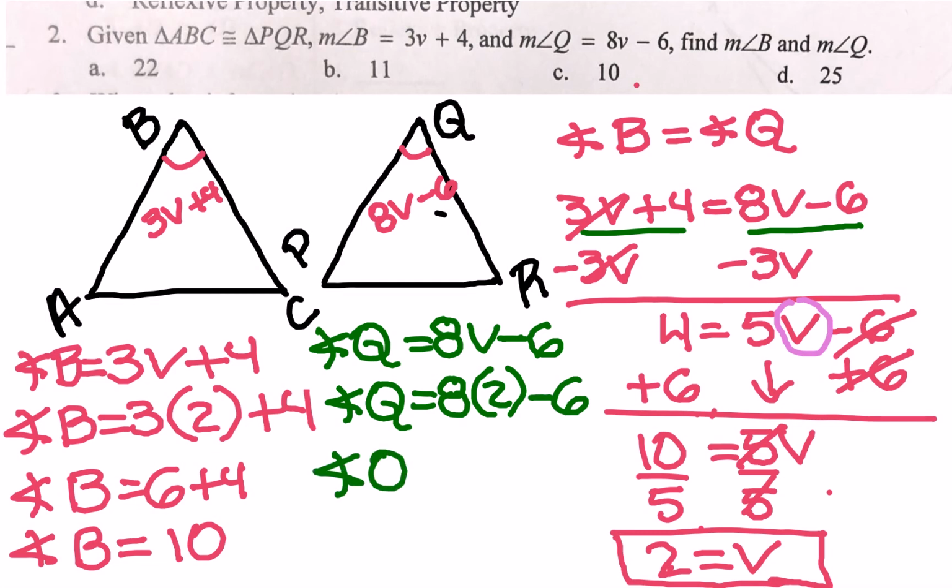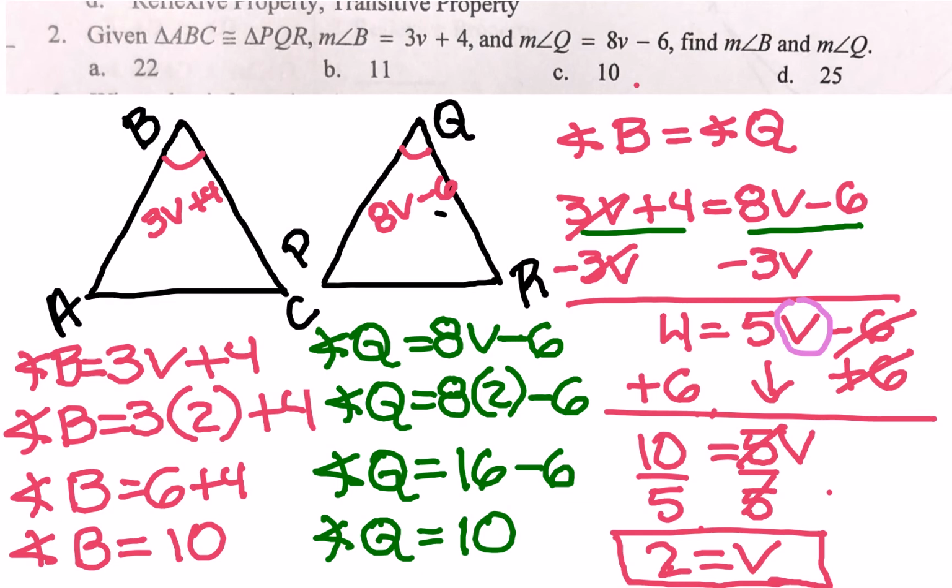Angle Q equals 8 times 2 is 16 minus 6. And then angle Q finally is equal to 10. And if you can see, they match. They have the same value. So my answer choice for this question is going to be C.